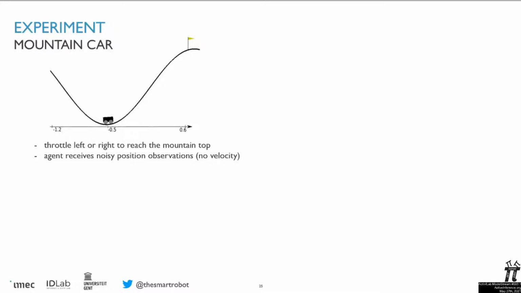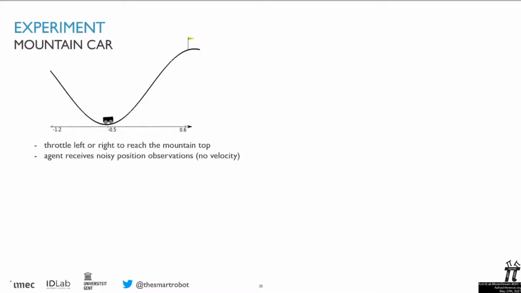The goal is to have this underactuated car, which does not have enough power to reach the top of the right-hand mountain, but you want to reach it anyway. Ideally, your agent should learn that it should first go back a bit to the left to gain enough momentum so that it can climb the steeper mountain on the right.